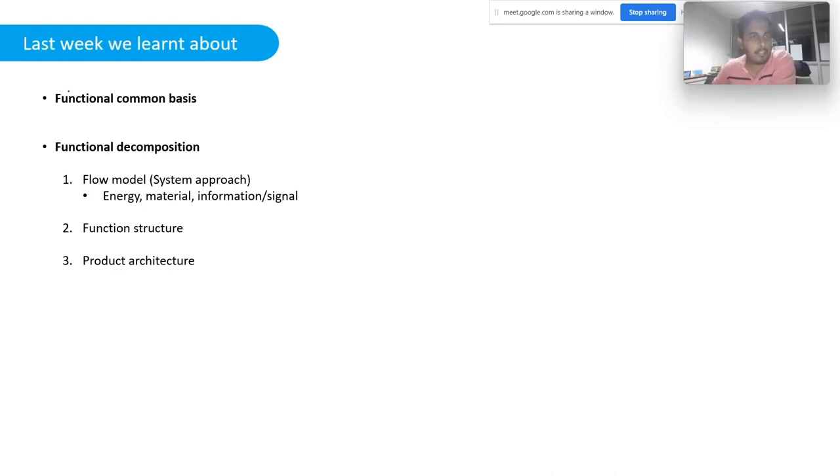So what we learned in the last class was about functional decomposition, and previous to the last class we learned about simple techniques of functional decomposition, like FAST and the SOP method.